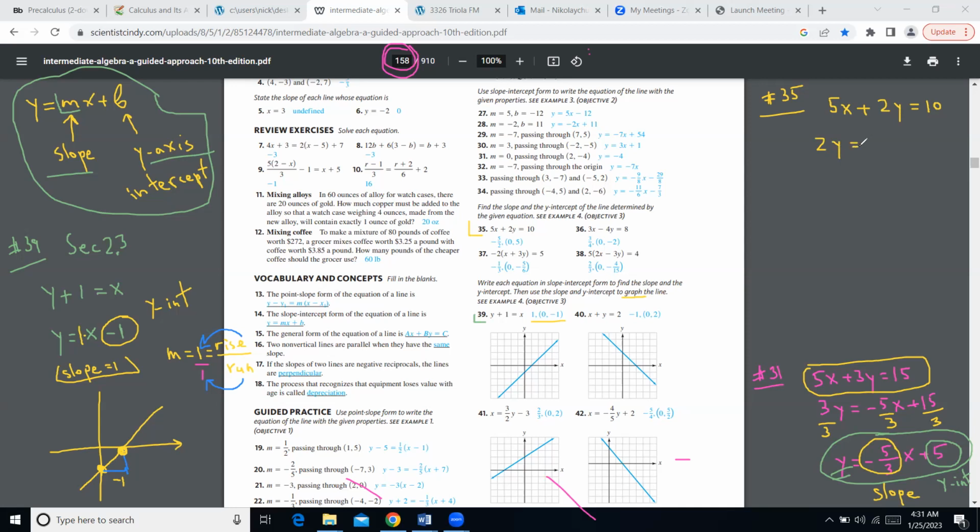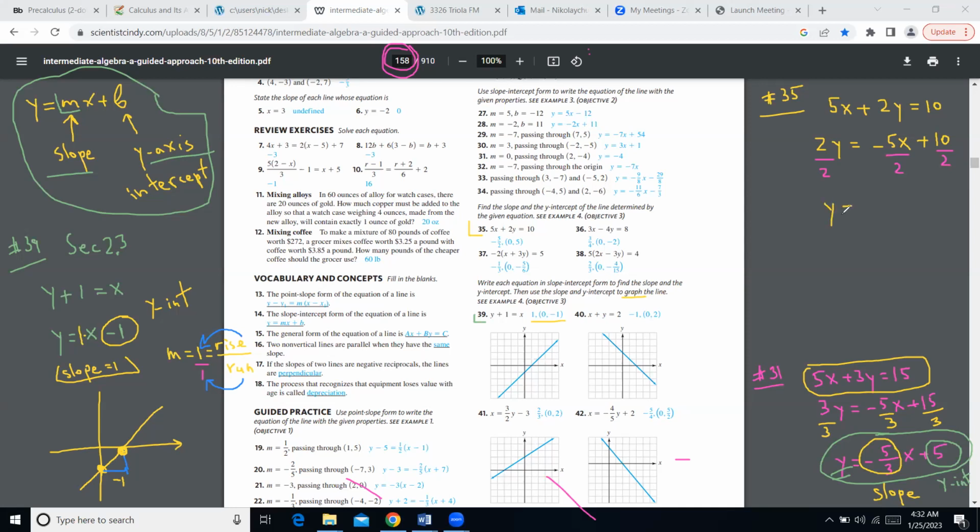But not so fast, because first of all, you need to bring that 5x over to the other side, because we need to have only letter y on the right. So I'm going to subtract 5x and then divide by 2 every term in my equation.